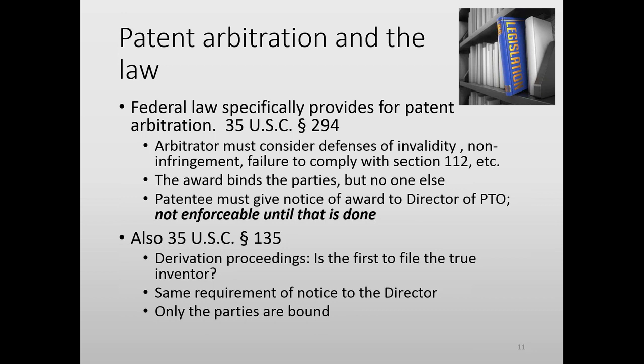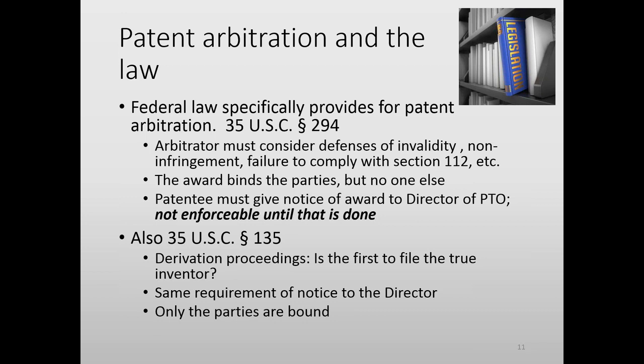Patents are imbued with the public interest. They provide a right to exclude, and we don't think those things should be decided privately. Congress didn't agree, and they passed 35 U.S.C. Section 294.